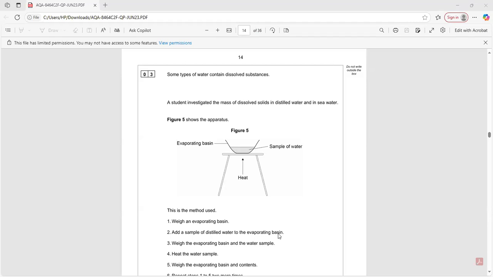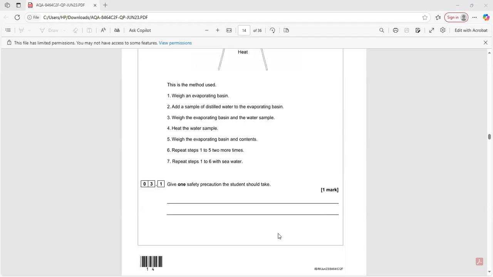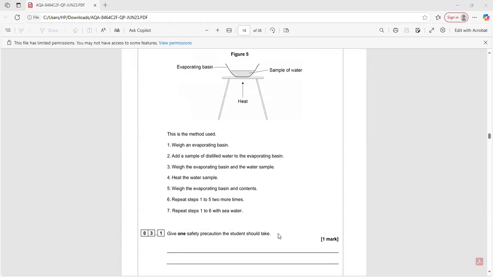Okay, so that's the detail of the experiment. The question says, give one safety precaution the student should take. Obviously, I think the use of gloves should come into play. And what else?